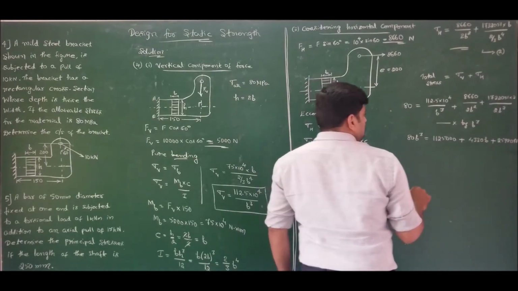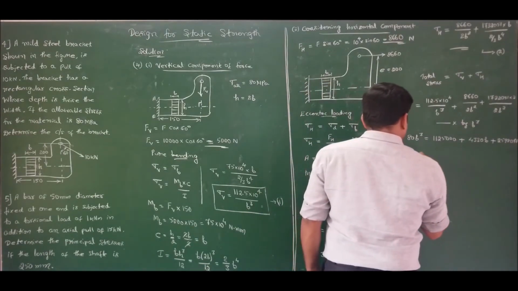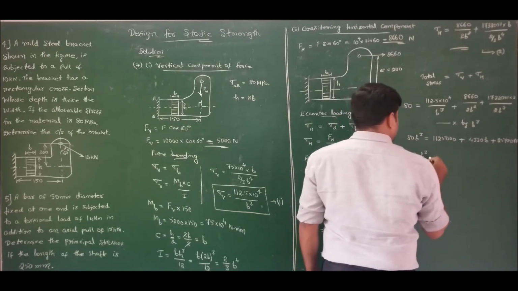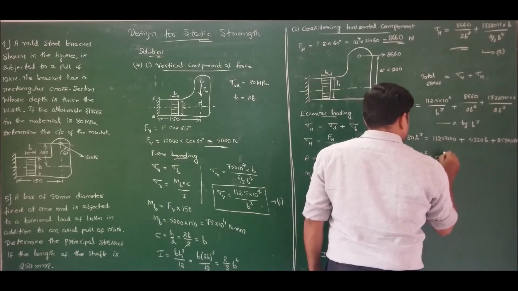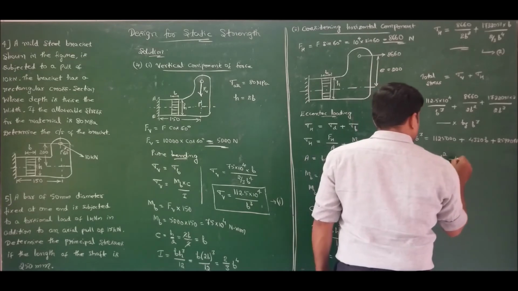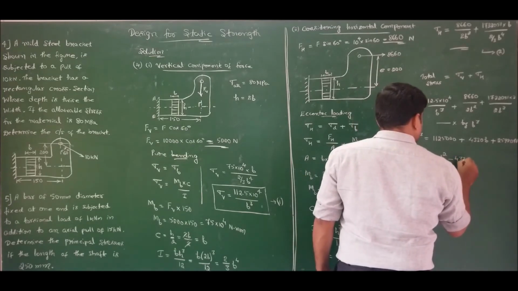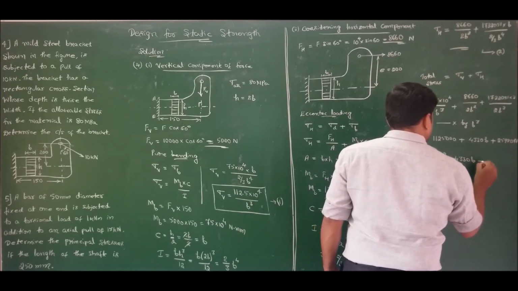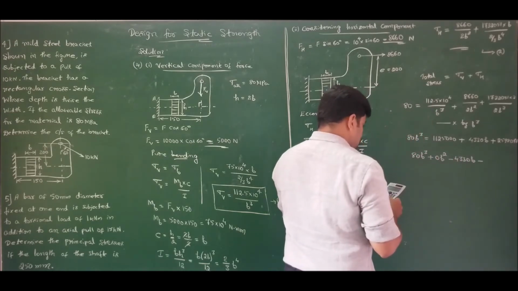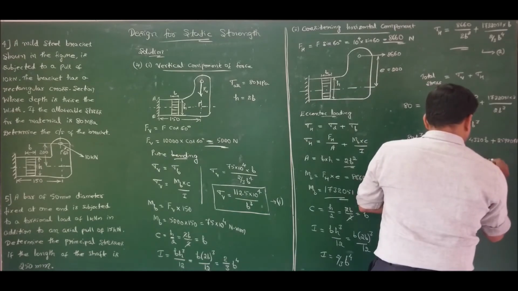Now rearranging the terms, we will get 80 b cube, we don't have a b square term, plus 0 b square minus 4330 b minus 3723077 is equal to 0.